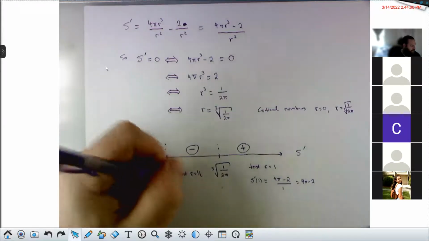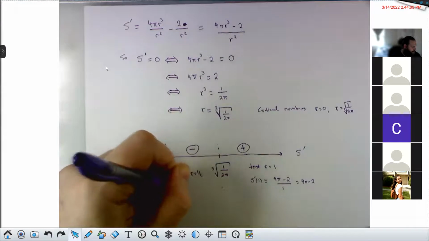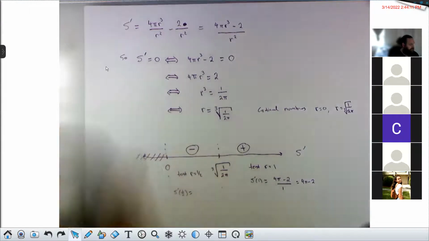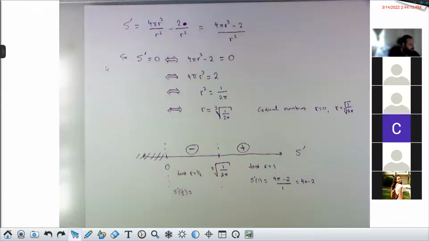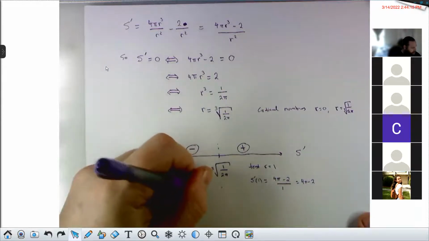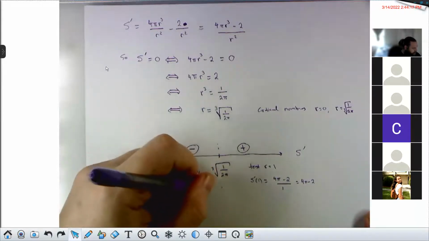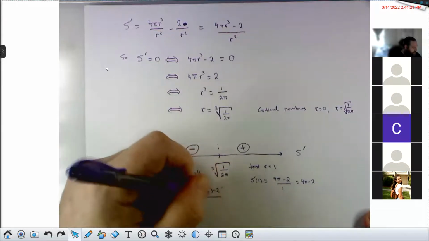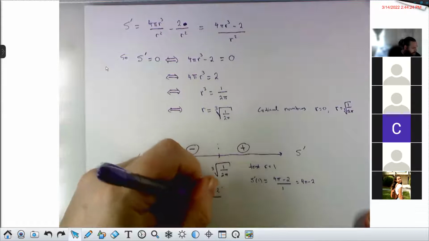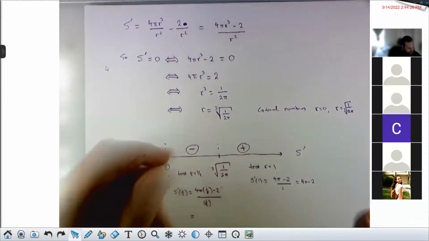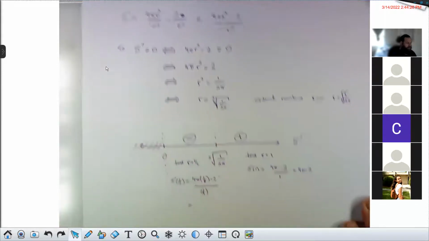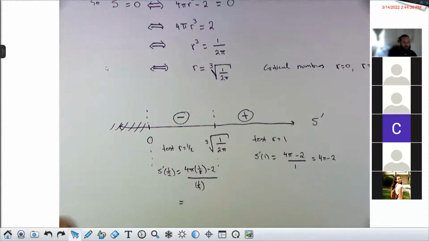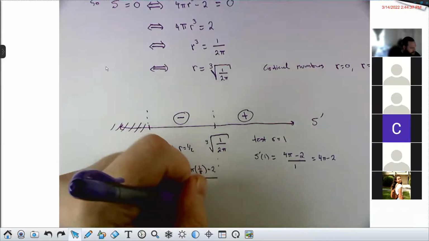0.5. S primed of 1/2. This ain't going to be pretty, but let's see what we get. That's going to be 4 pi times 1/2 cubed, which is 1/8, minus 2, divided by 1/2 squared, which is 1/4. Zoom in a little for you here. 4 pi times 1/8 is pi over 2.